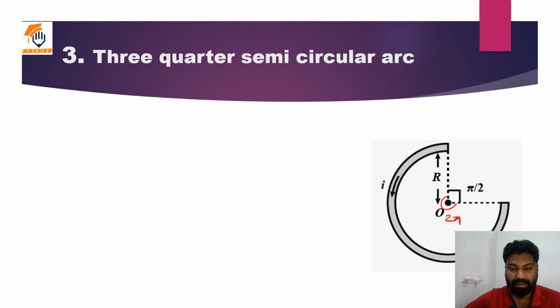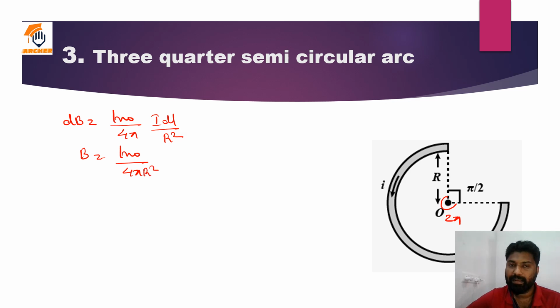Then here we can take dB is equal to mu 0 by 4 pi I dl by capital R square, or B will be equal to mu 0 I by 4 pi R square integral dl, that is L. But here we need to find L. L is equal to 2 pi minus pi by 2, into R will come, or we can write 3 pi by 2 R.